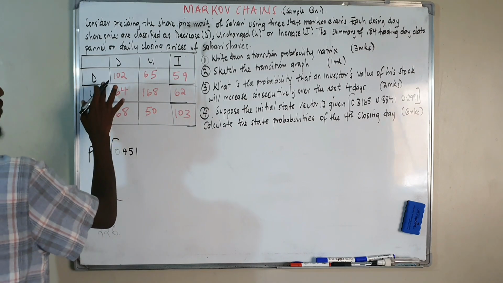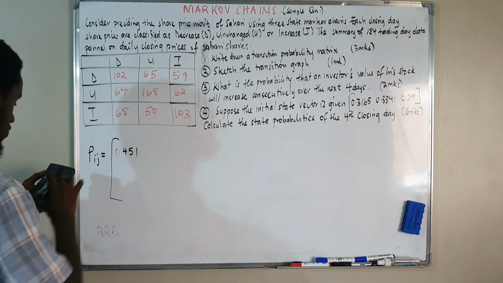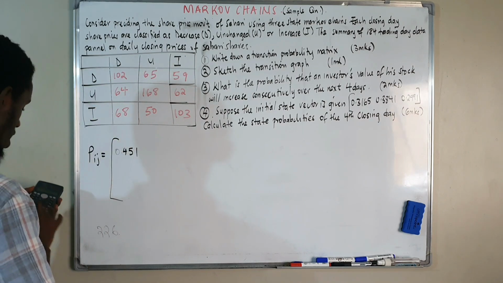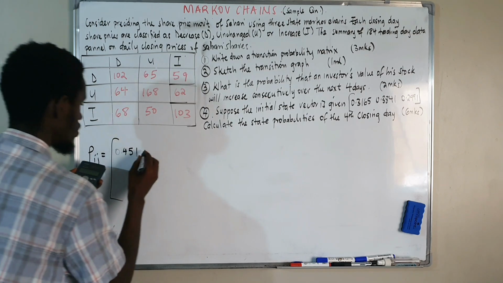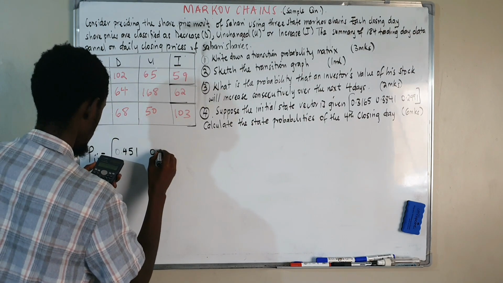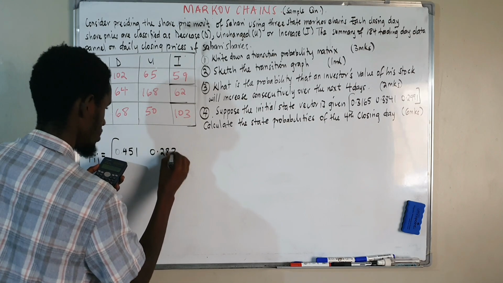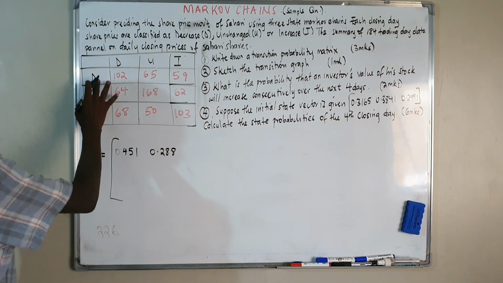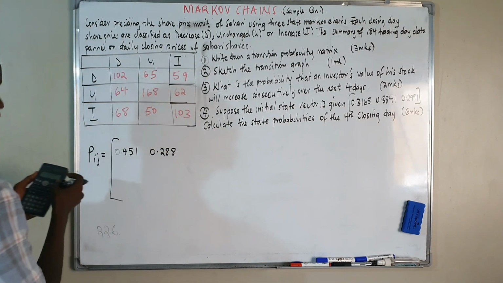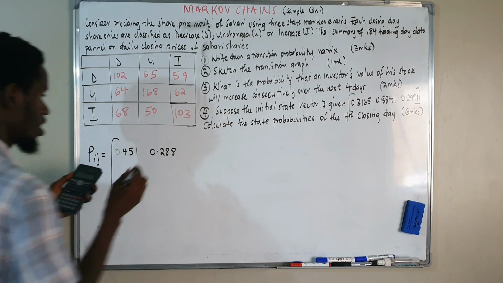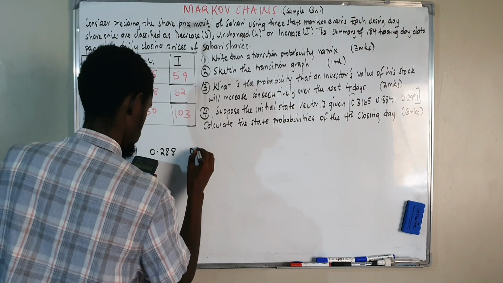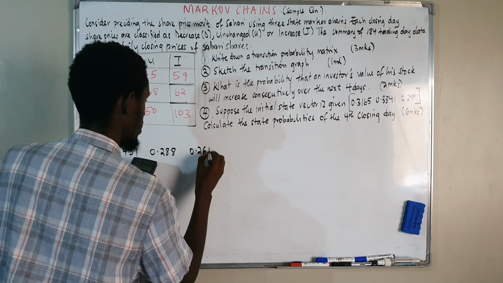Then PDU is going to be 65 divided by 226. I'll have 0.288, and then PDI is going to be 59 divided by 226, and that will be 0.261.